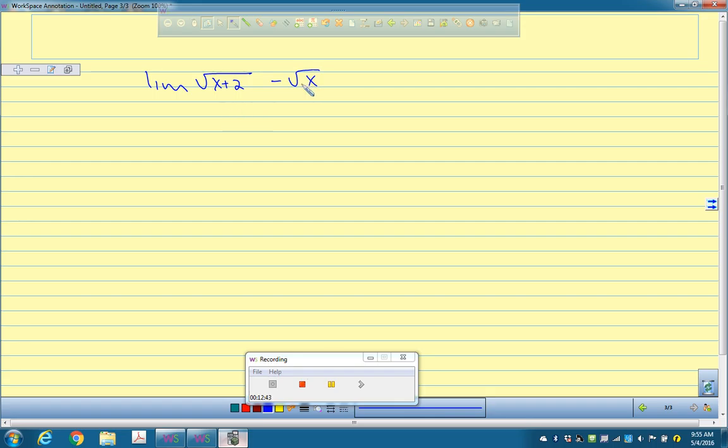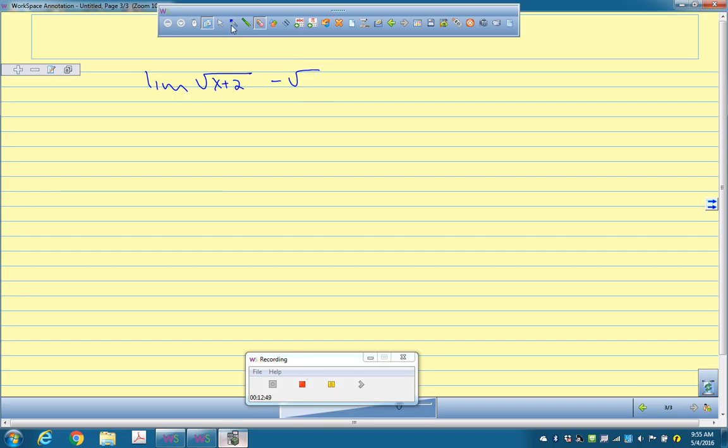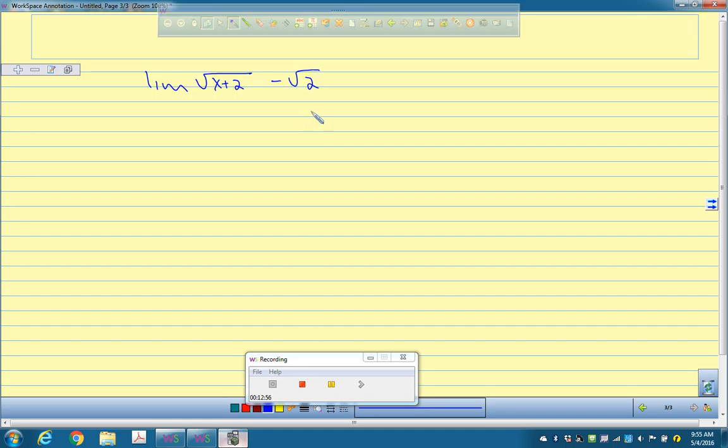Over, minus square root of 2, over x, and then you want to find the limit as x goes to 0.